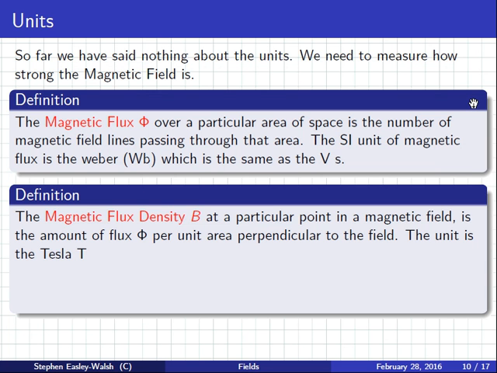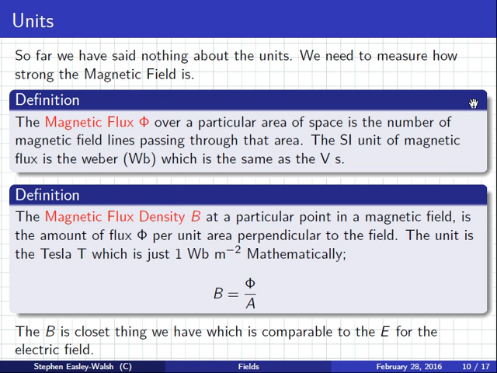The unit is the Tesla, which is just 1 Weber per meter squared. Mathematically, you can relate the flux density and the flux with the following formula. The B is the closest thing we have which is comparable to the E for an electric field. Write it down, because the second definition is an exam definition.